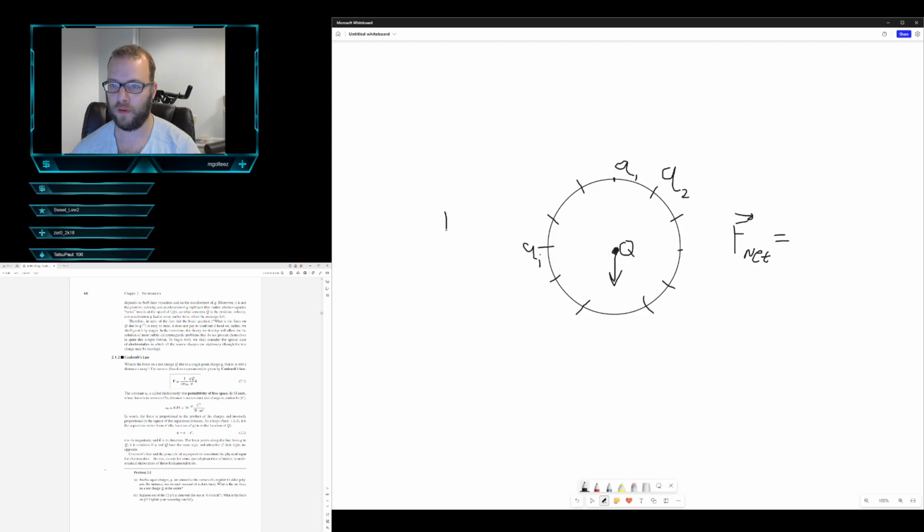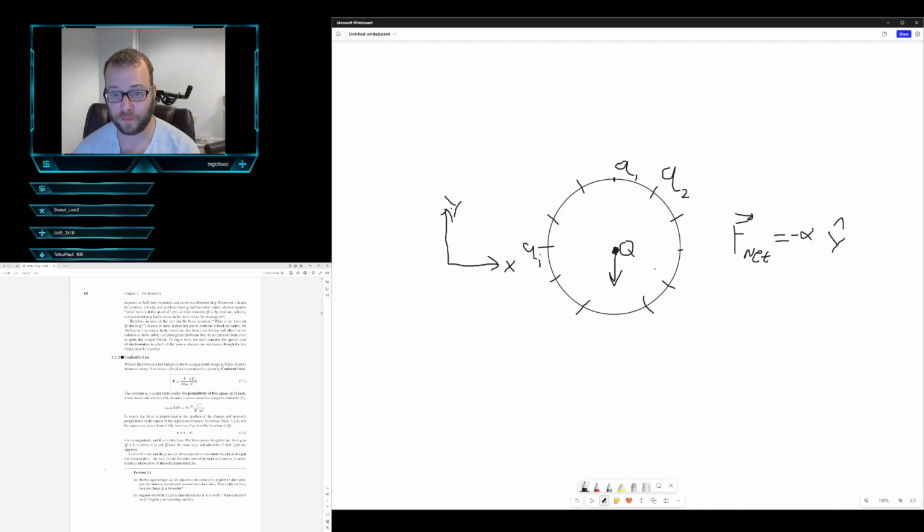So if we had just, and this is our origin, this is X, this is Y, the net force is going to be some constant alpha in the negative y hat direction.